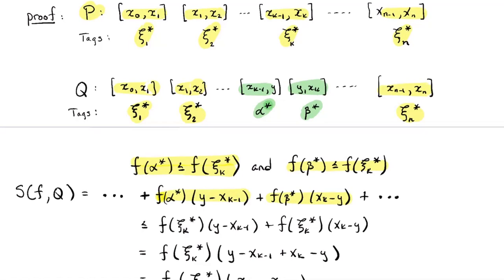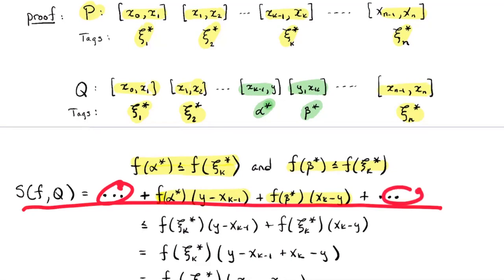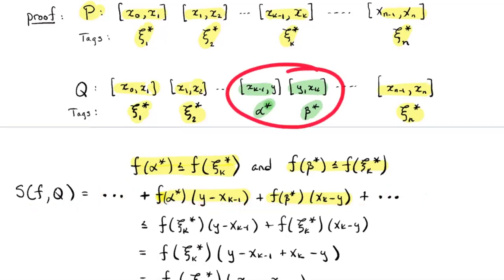Temporarily look at this line that I just drew: the Riemann sum over all of Q would have the same exact terms that are in the Riemann sum for f over P, except it would differ in this interval that we split into two.